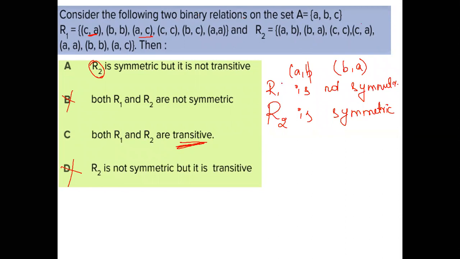If you see, we have (B, A) here, correct? We have (B, A) and we have (A, C). For it to be transitive, if I have (B, A) and (A, C), I should find (B, C). But (B, C) does not belong to R2. Therefore, R2 is not transitive. So the correct option is option A.